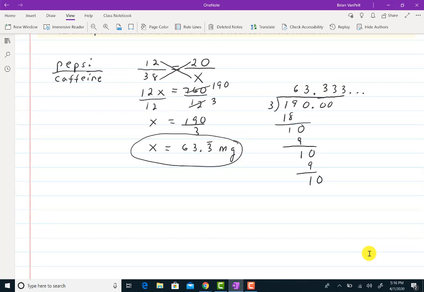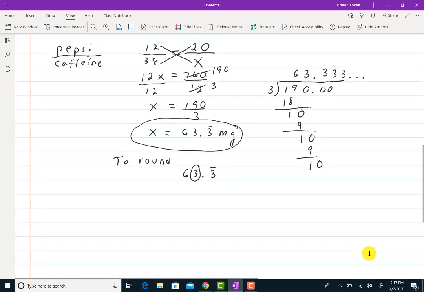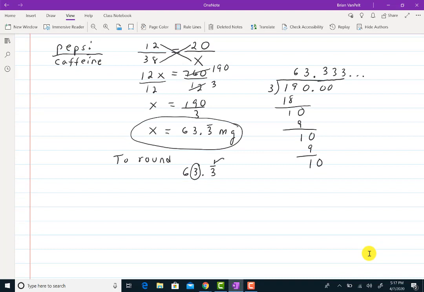However, it says to round to the nearest whole number. So to round, let's take a look. We have 63.3 with a bar over it. The whole number is the 3. That's the unit's value. And if you look at the number behind it, it's a 3, not a 5 or more. So we round down.